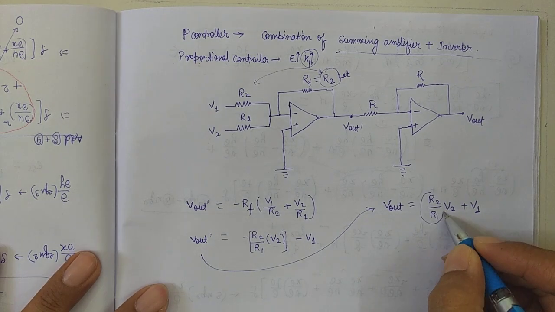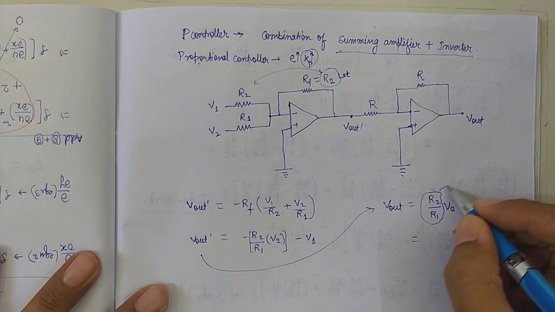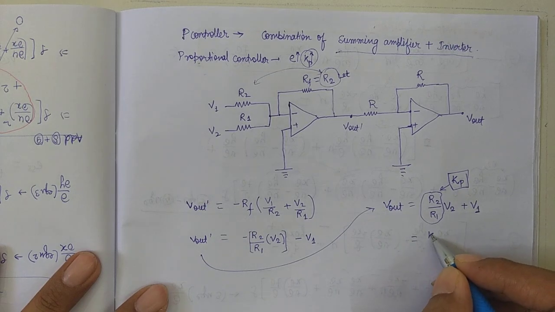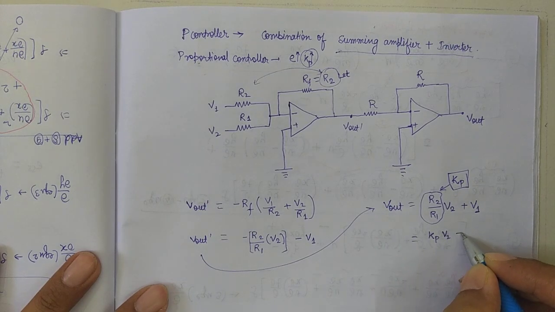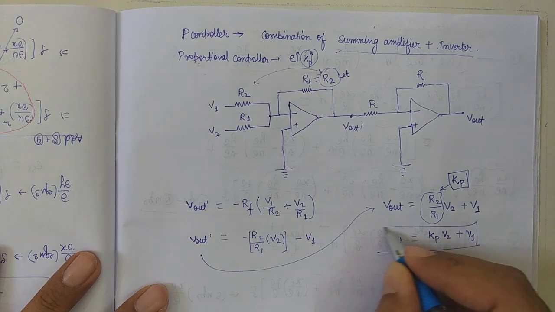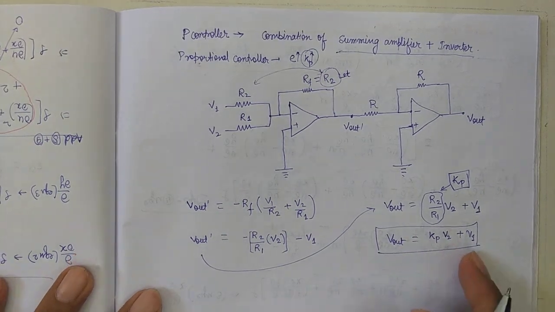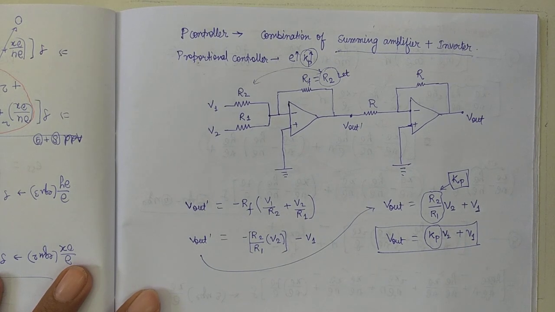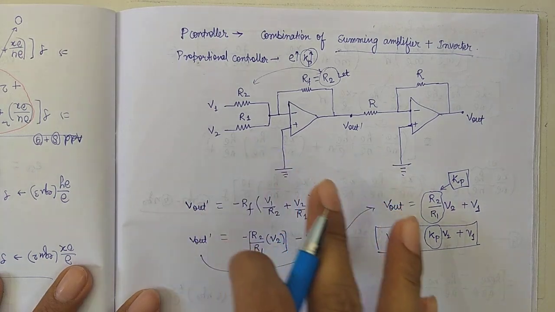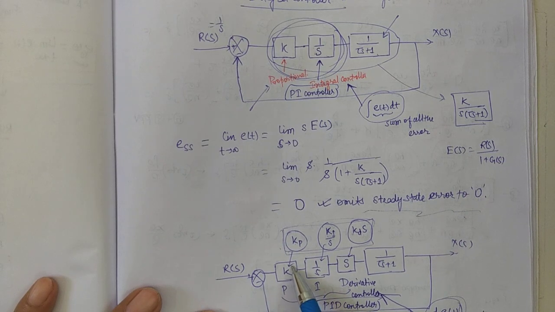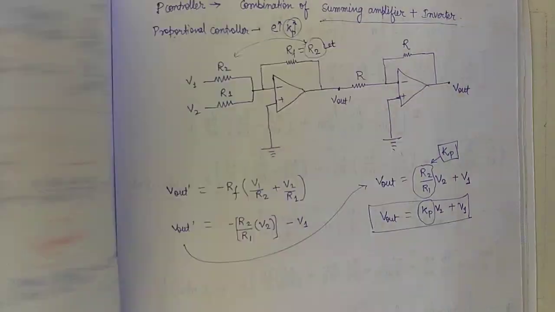So we can see here this is nothing but some constant Kp, and this is what we need. When we pass things, we want some gain to be multiplied with V2. That is what is being done. As you can see here, we want some sort of gain to be multiplied with the voltage, and this is what is happening here.